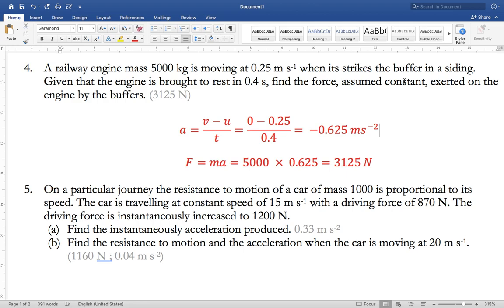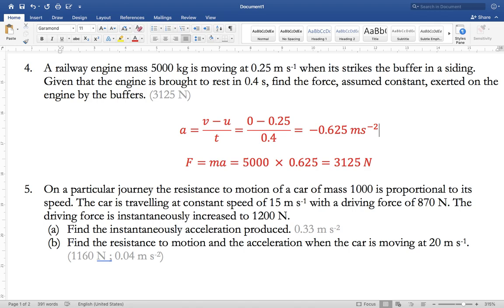Question A, find the instantaneous acceleration produced. The answer is 0.33 meter second minus 2. Question B, find the resistance to motion and the acceleration when the car is moving at 20 meter second minus 1.